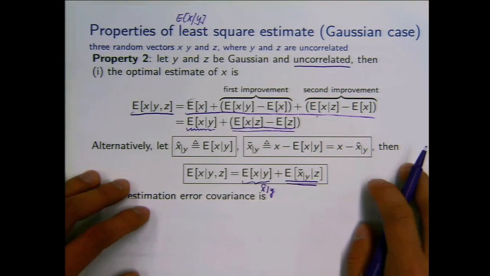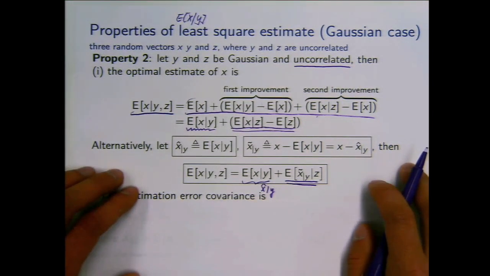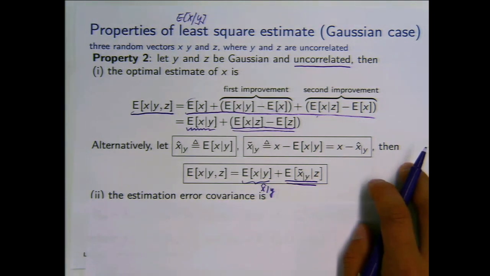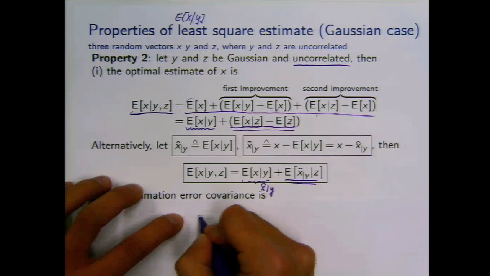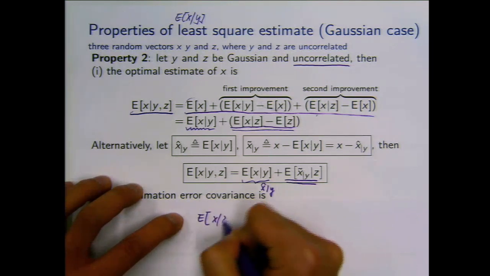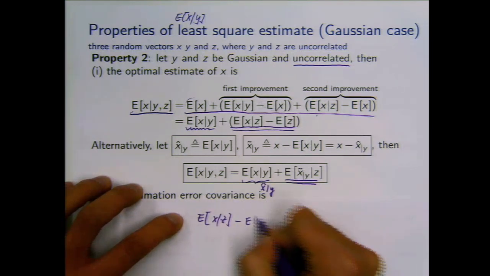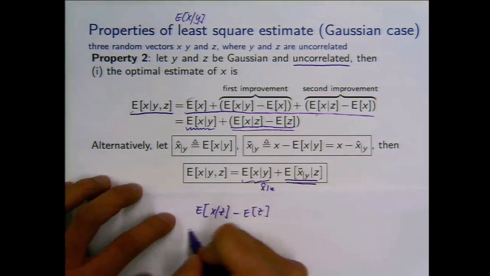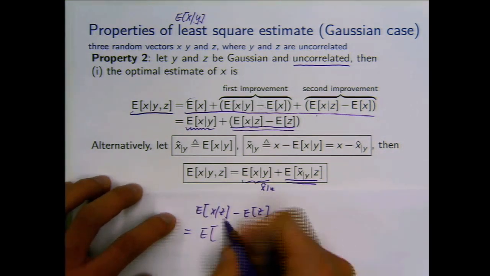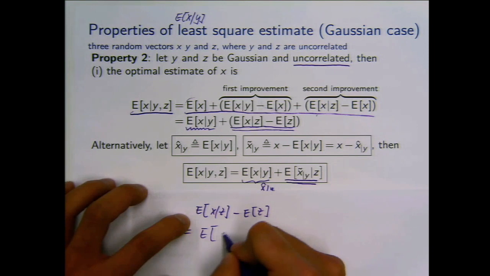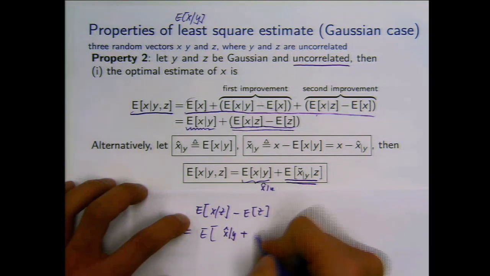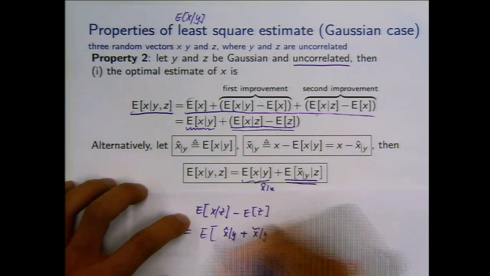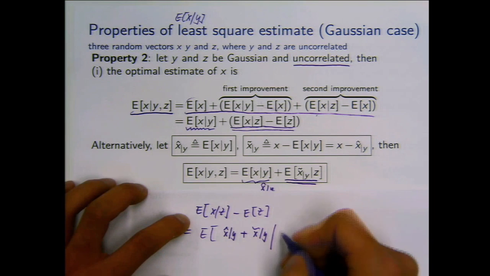Let me show you the proof of why this is equal to this. The expectation of x given z minus the expectation of z equals the expectation of x, where x equals x hat given y plus x tilde given y. This is immediately using the notations I just introduced.